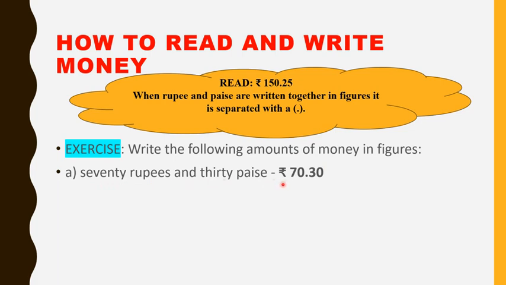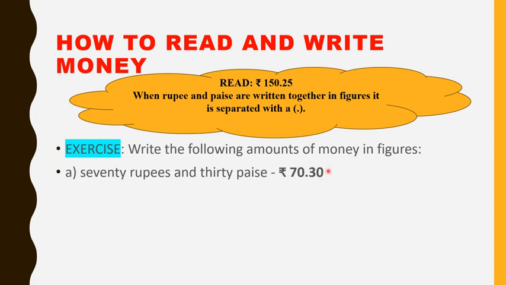So we are going to first put the symbol of rupees. When we are writing in figures, we are going to write the symbol first. Okay, so rupees 70, and the dot is going to separate rupees and paise, and 30 paise.